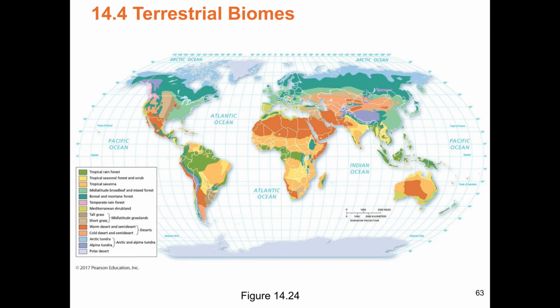Short grass to tall grass, mid-latitude grasslands. And then we've got warm desert, cold desert and semi-desert. We have Arctic tundra. If you're high in latitude, you're Arctic tundra. If you're just high in elevation, you're alpine tundra. And that's pretty much it.